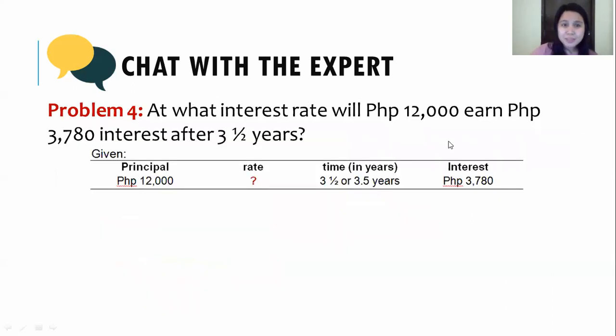The next question is about interest rate. At what interest rate will 12,000, that's your principal, earn 3,780 interest after 3.5 years? It's 3.5 years. So we're looking for the rate. Again, go back to your main formula. Interest equals principal times rate times time.